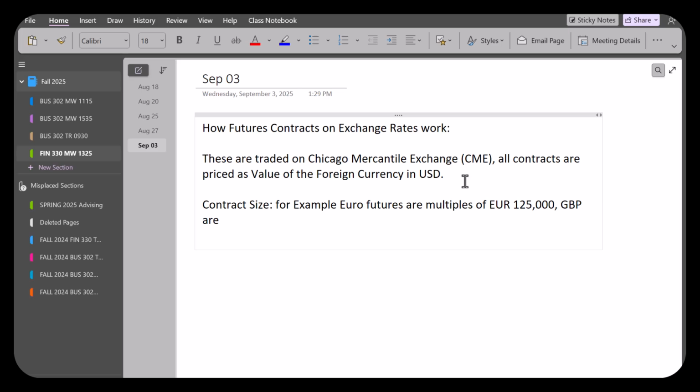Pound futures are multiples of 62.5. In the old days, what's equivalent of €1 was roughly about £2. That's pretty much a remnant of those days.